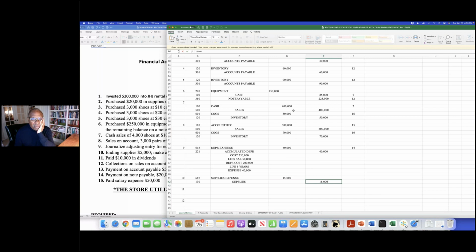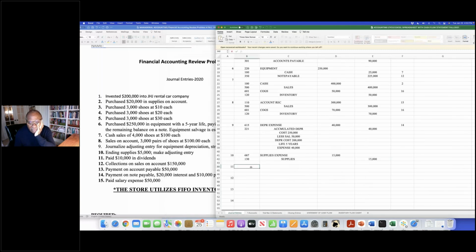What's number 11? What's our type? 10. Pay the dividend. So that's type 10. What are we going to debit? Not cash. We're going to debit dividends.